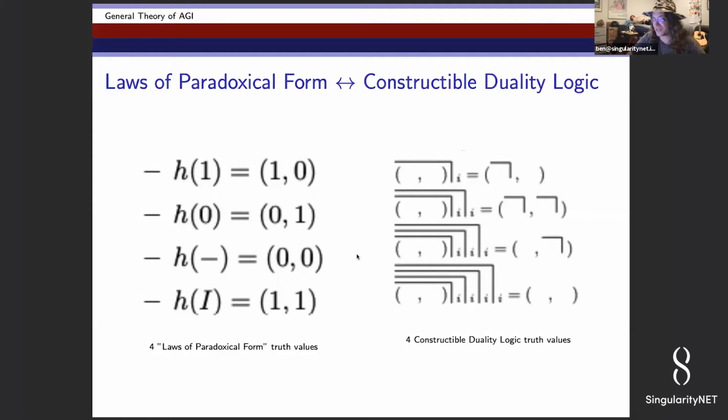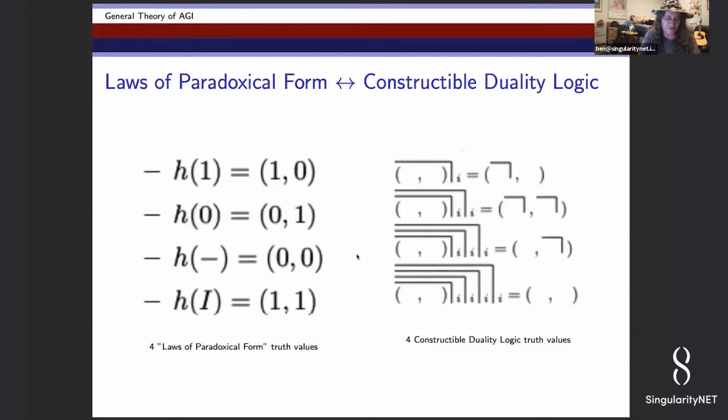Now, in Patterson's scheme, the first component is positive evidence, the second component is negative evidence, right? So in her scheme, if you want to say, I have only positive evidence for something, then you're saying the thing has a truth value 1, 0.